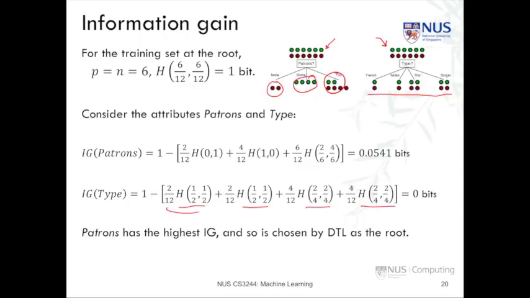So the resulting sum here is all 1. And when we subtract 1 from 1, it equals 0 bits of information. So actually splitting on type doesn't help us at all. So in this case, if we only have these 2 attributes, it's very clear that patron has the higher information gain and would be chosen by the decision tree learning algorithm as the root.